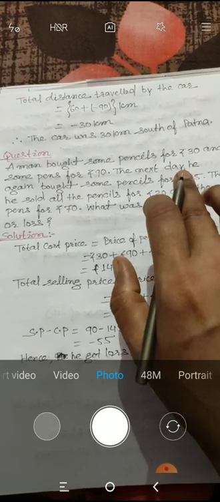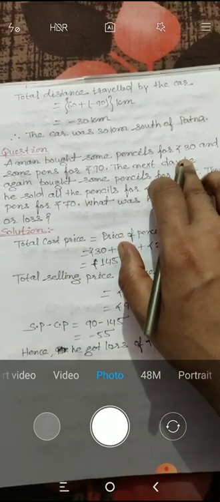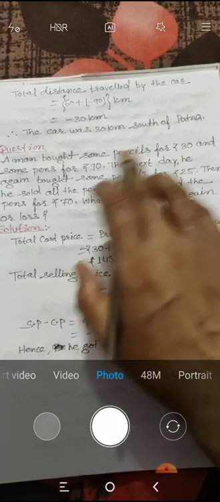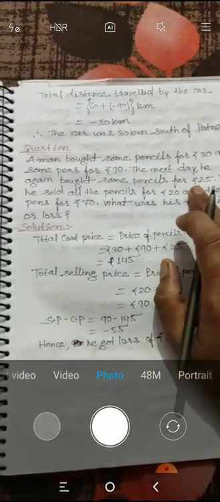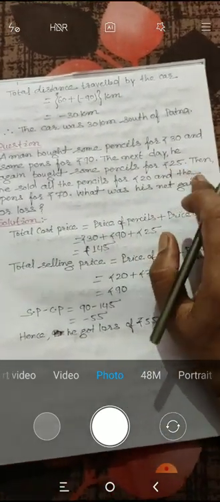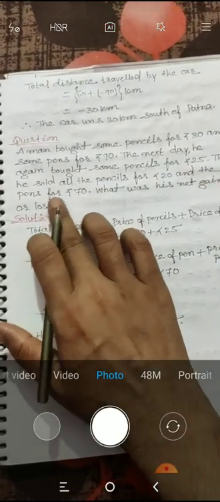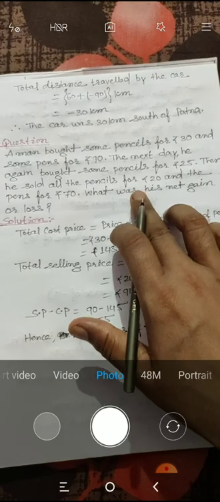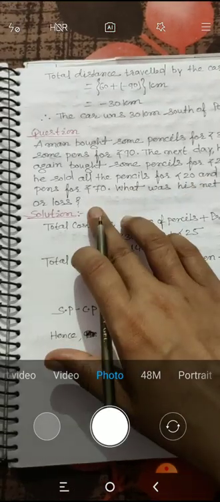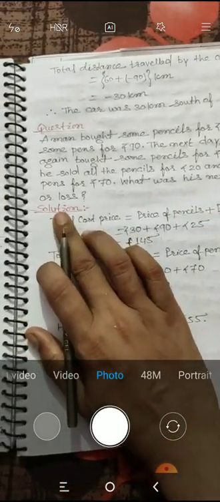Means three amounts he has spent: 30 rupees for pencils the first day, 90 rupees for the pens, and next day again 25 rupees for pencils. Then he sold all the pencils for 20 rupees and pens for 70 rupees. What was his gain or loss? You need to find his gain or loss.